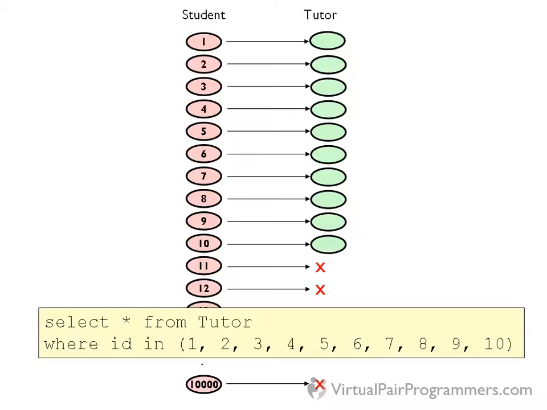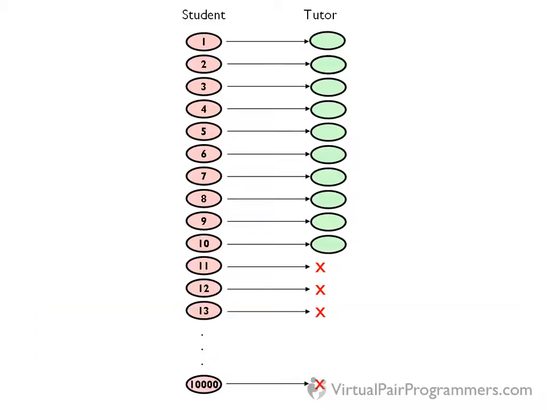So we're looping through these students. We only wanted at first the details of the first student's tutor, but now you can see that behind the scenes, Hibernate has loaded 10 tutors with a single select statement. So now, as we continue through the first 10 students, we will see no further SQL.